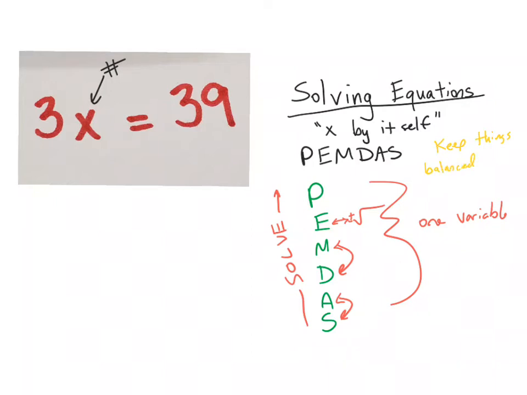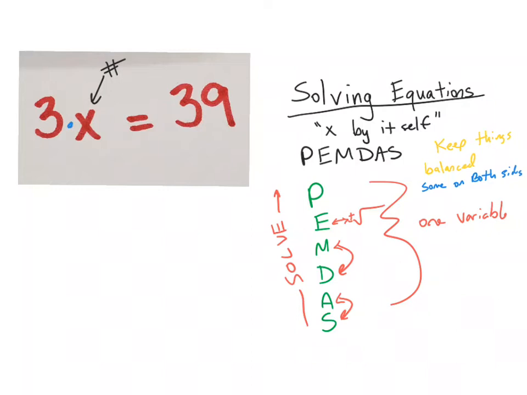That's called the property of equality. So if you have an equation, whatever you do on one side, you have to do the other. So for this one, I have 3 times x equals 39.